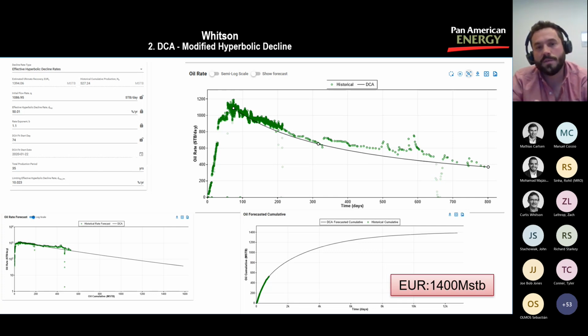Here we generally use the modified hyperbolic in order to have a more conservative decline. With the new tools in Whitson, it is quite easy to define a final b in order to estimate an EUR. And playing a little bit, we found our EUR here is around 1,400 thousand standard barrels.